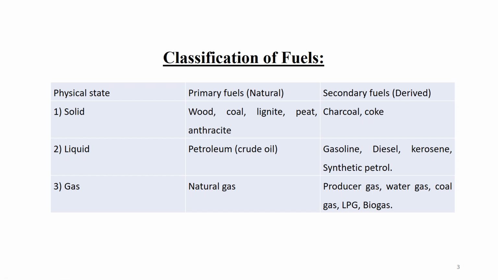Primary fuel is directly we can get it from the nature, and secondary fuel is derived from primary fuel. So, under different states, here we have given examples for solid, liquid and gaseous chemical fuel under primary and secondary categories.